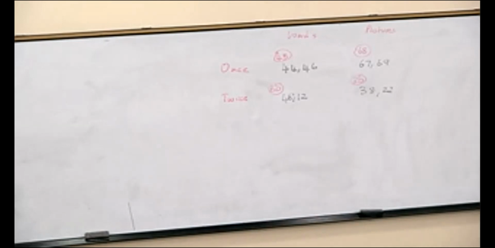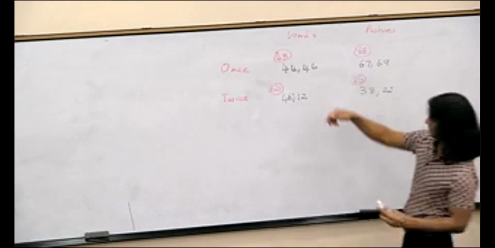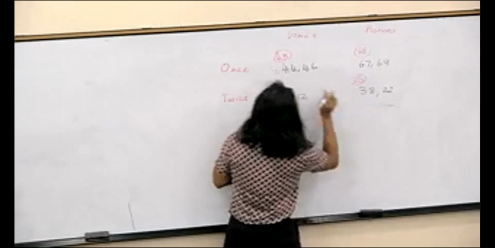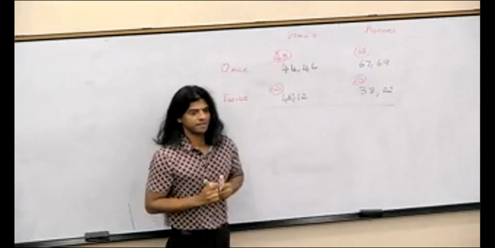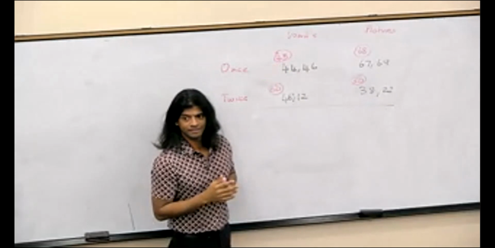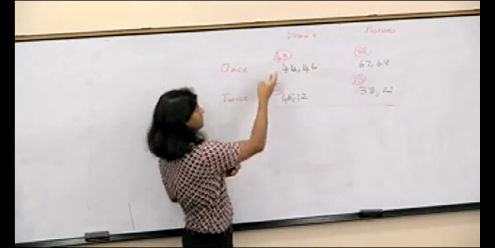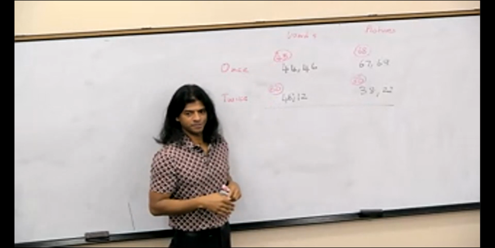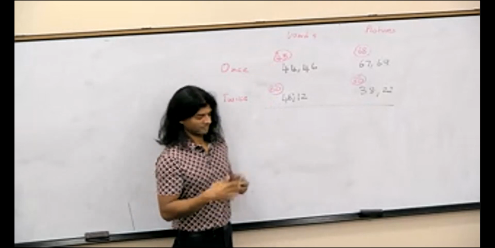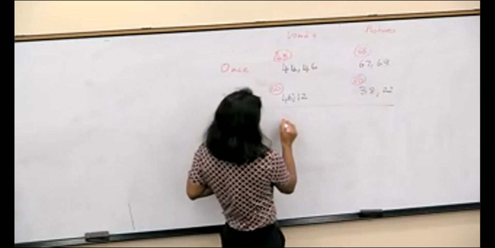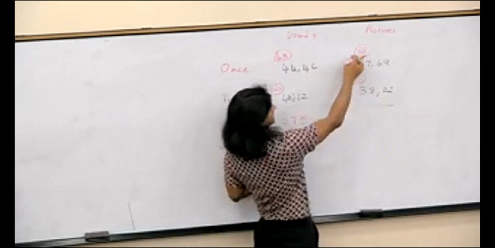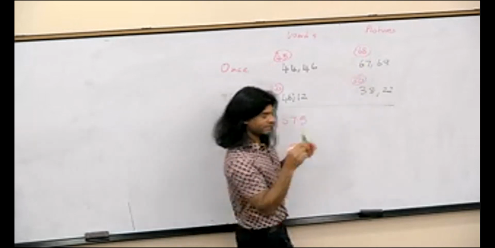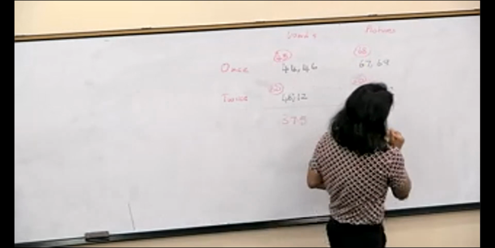I can either do it here, or if you look at these two numbers in red, what is the average of 45 and 30? 45 plus 30, 75. 75 divided by 2, 37.5. 68 plus 30, 98. 98 divided by 2, 49.